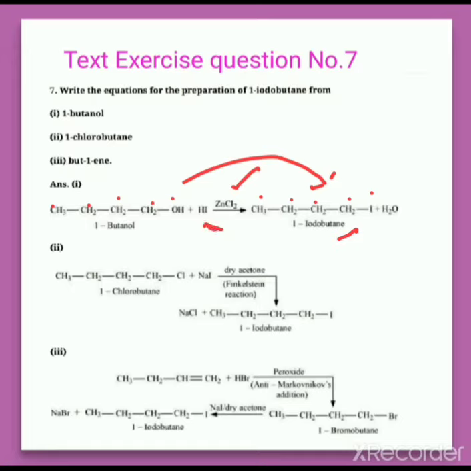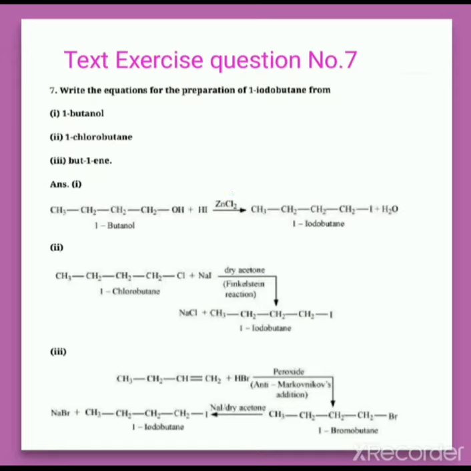So we should take HI here, then only we'll get an iodo product. So this reaction we can complete: 1-butanol plus HI in the presence of ZnCl2 gives rise to 1-iodobutane.